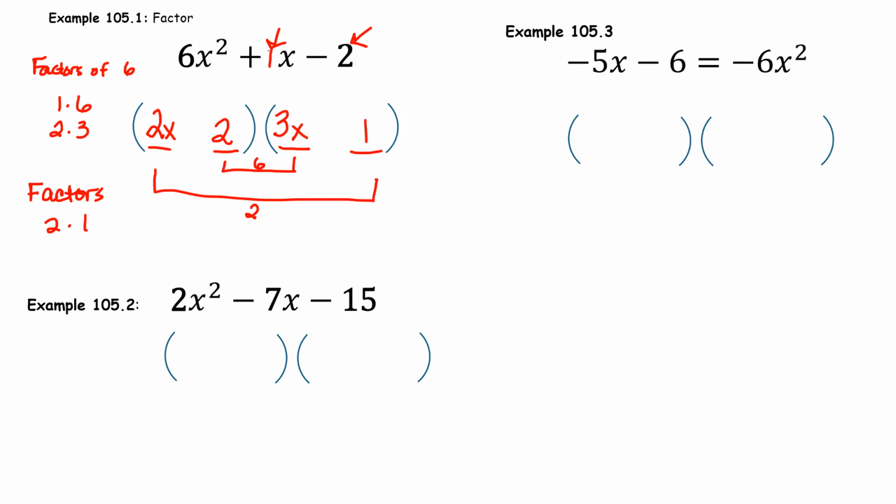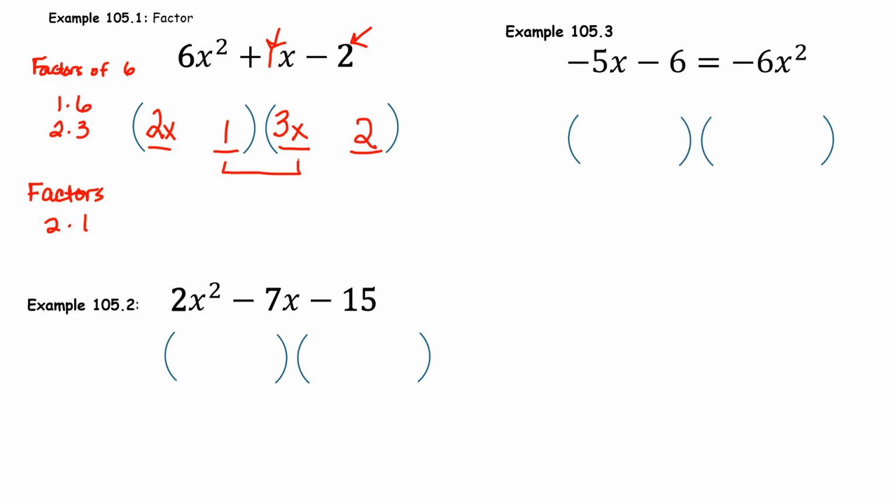No. There's no way I can get 6 and 2 to add up to 1, no matter where I put the negative signs, no matter what I do. So this is not going to work. Having the numbers where they are now is not going to work. All right, so I can do a couple of different things. I can switch the 2x and the 3x, or I can switch the 2 and the 1. I'm going to start by switching the 2 and the 1. So if I put the 1 here and the 2 here, that will change things.